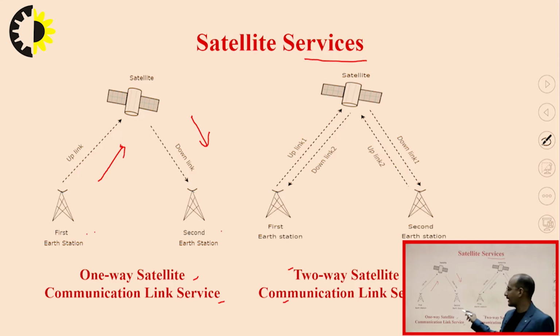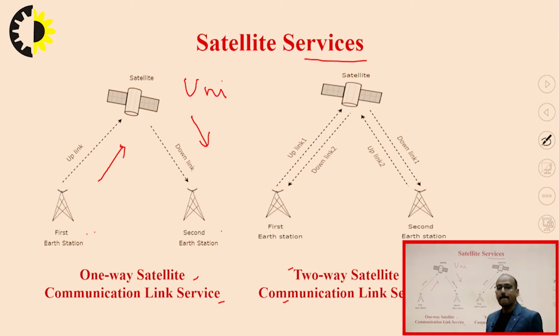It means the second earth station cannot send data to the satellite, it can only receive data from the satellite. It means this is a unidirectional link. Only one side of communication is there. So this is the one-way satellite link.